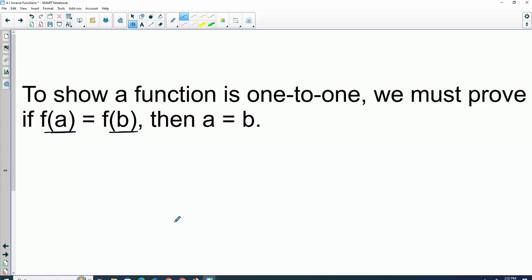F of a equals f of b. The only way we can get the same y value if it's one-to-one is if I plugged in the same number for x both times. So we'll start out assuming f of a equals f of b. Two y values are the same. And then we'll solve that. If we get that a equals b at the end, it is one-to-one. If we get anything else, it is not one-to-one.